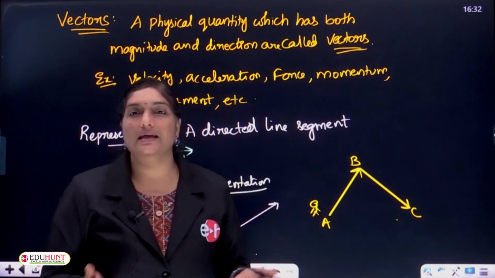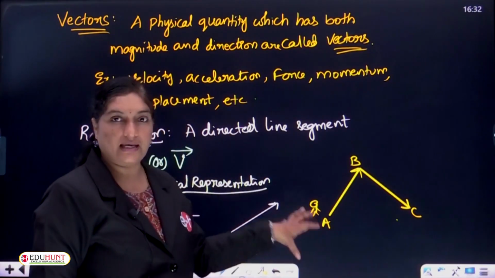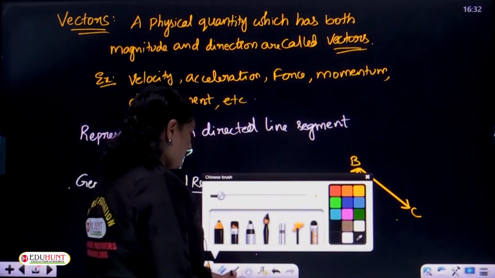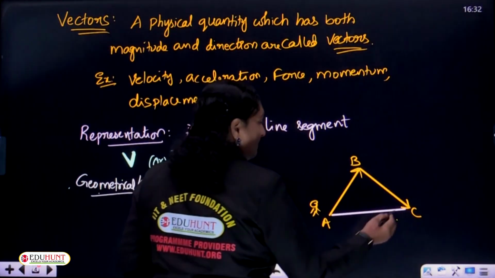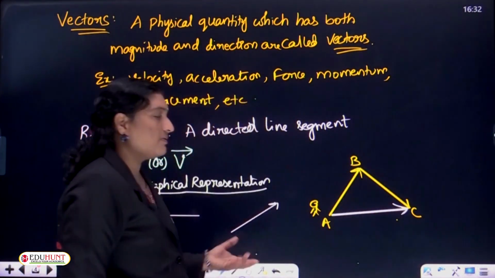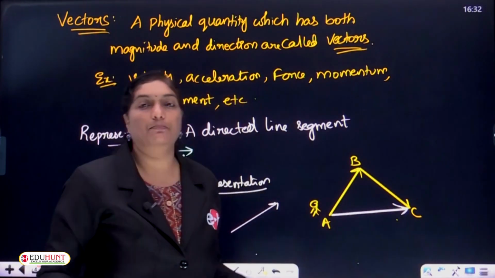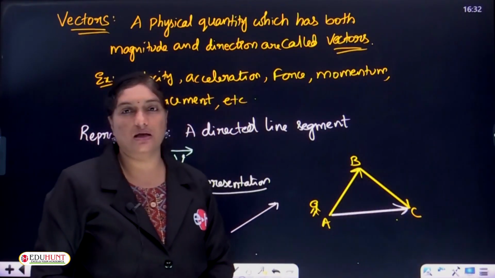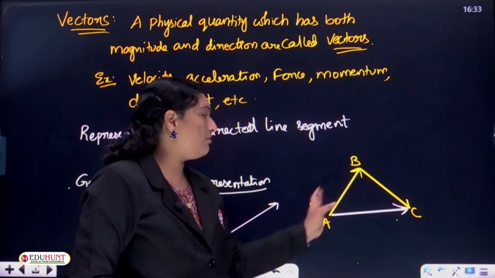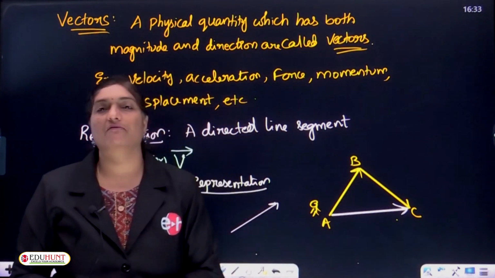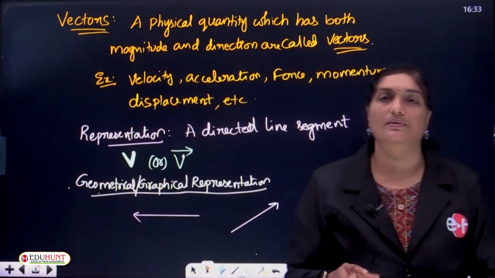So then what is the position of the body? If you want to represent the path taken, the path traveled by the person is from A to C. If he is moving from A to B and then B to C, it simply means that he is moving from A to C. So the complete path A to B and B to C is equal to the path taken by him from A to C. This makes the difference between a vector and a scalar.